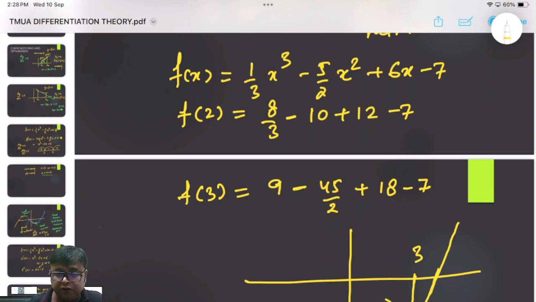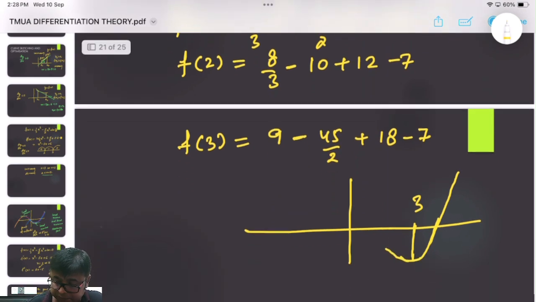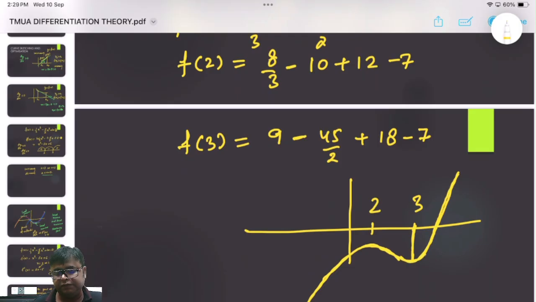It will not be the same because it's a point of minima, so it has to turn. Now, the point of maxima lies just beside it at 2, but it again is a negative value. So rather than crossing the x-axis, it will go like this. So this is how this curve will be.